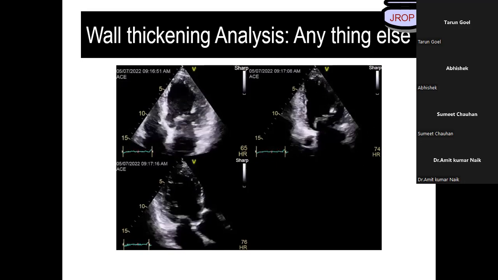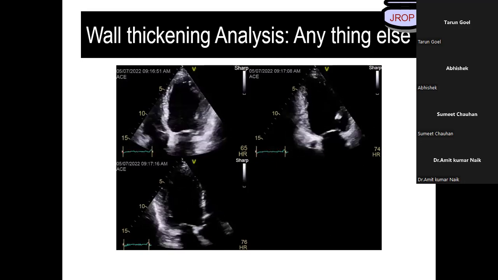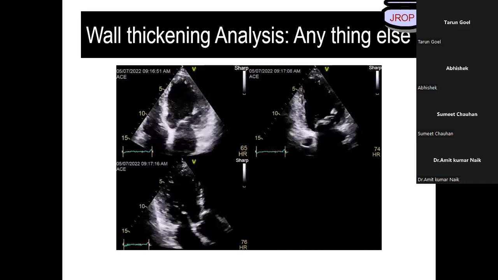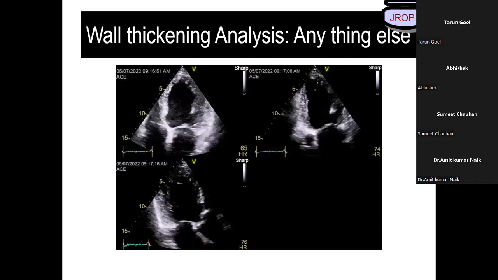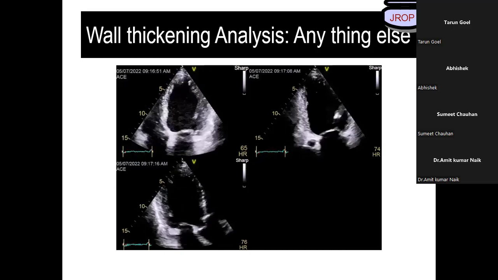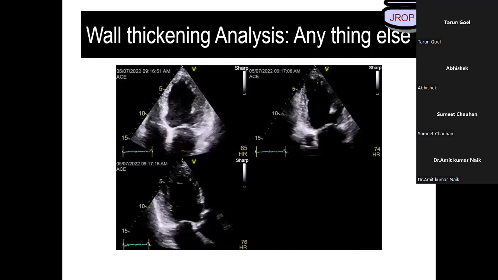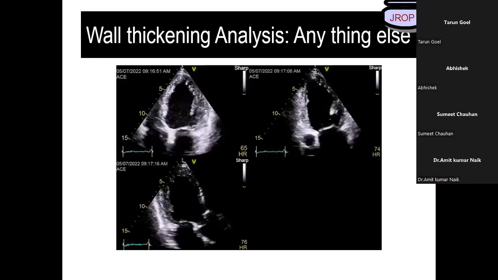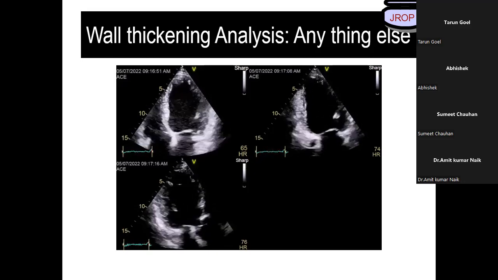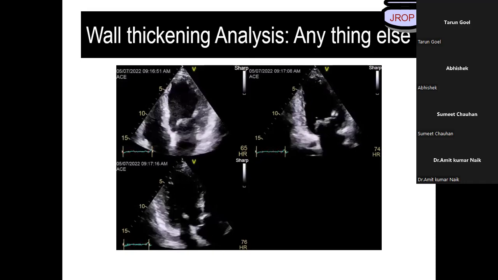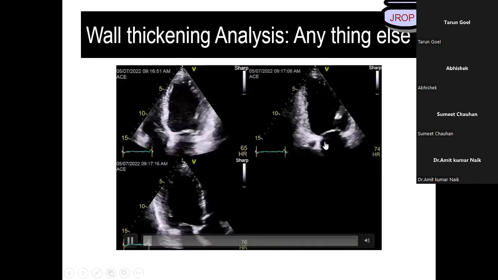Anything else from this window? This is a bonus point. If you say that, you get certain extra marks. Sir, aortic valve opening is not good. I'm talking of LV wall thickening abnormalities, anything else. I'm not talking of walls. I'm talking of walls.